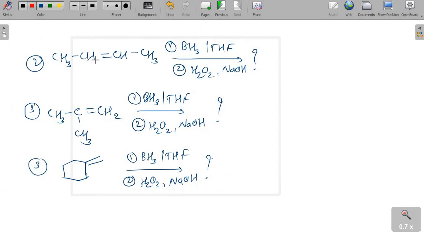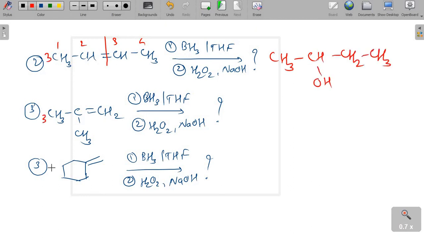So here this is symmetrical alkene. That's why you can join OH group at any of the carbon, means carbon number 2 or 3. So product is CH3CHOHCH2CH3. These are the 3 molecules here. So we'll get the 3 alcohols as the products.